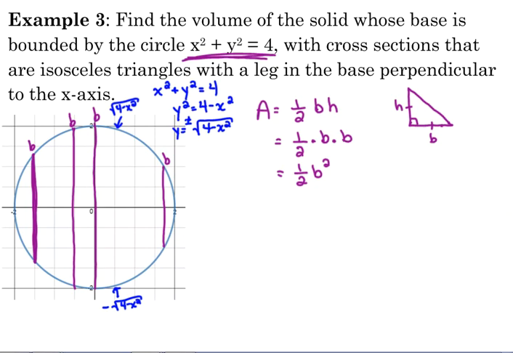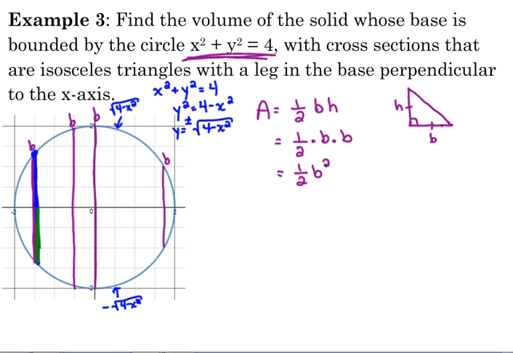Okay, so if we think about it, this half of the base is equal to the y value, right? The y value is given by the equation. This other half of the base, is it the same length or is it different? Is this in green the same as what I have in blue?